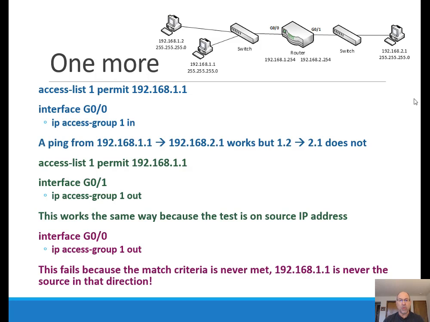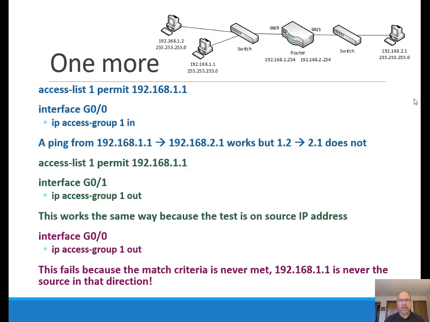In this case, 1.1 to 2.1 would work, but if I turned right around and pinged from 192.168.1.2 to 2.1, that would not work. The reason is the implicit deny. I did not explicitly permit 192.168.1.2, so it's not allowed and that transmission does not go through.